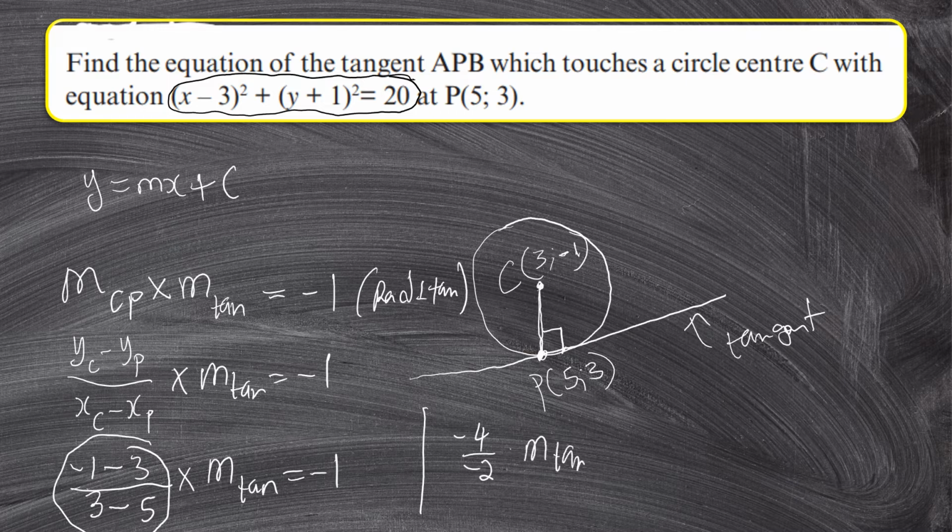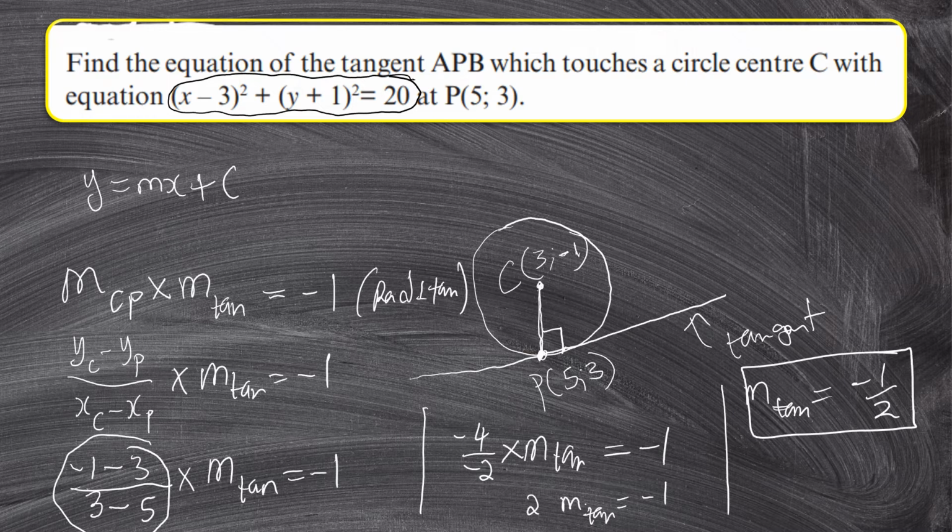The gradient of the tangent times 2 equals -1. Then when we solve for the gradient of the tangent, it equals -1 over 2. We have calculated the gradient of the tangent using this property, because the radius is always perpendicular to the tangent.